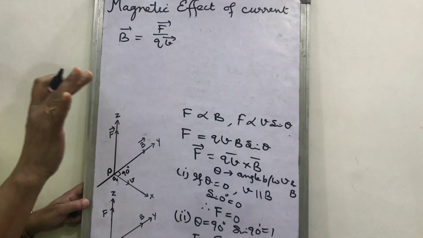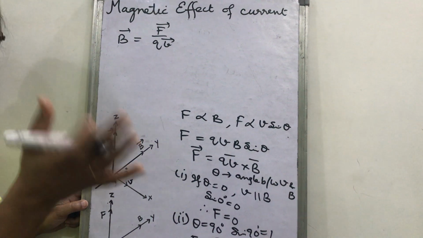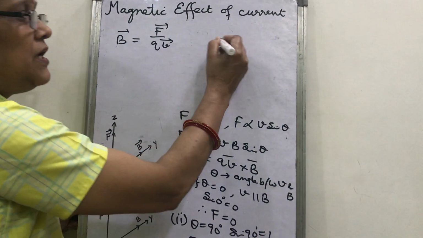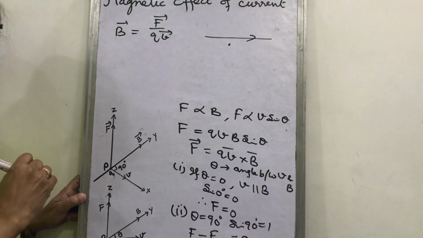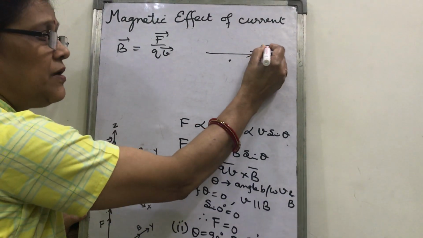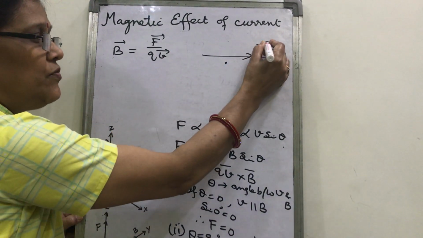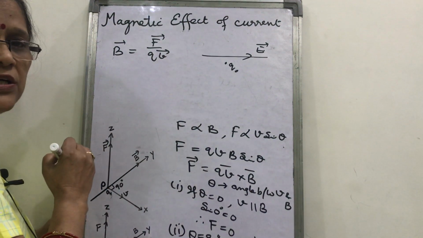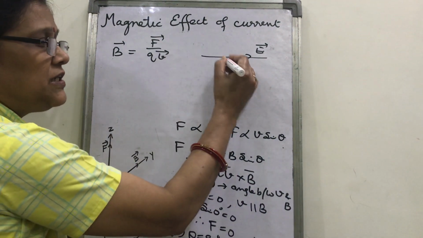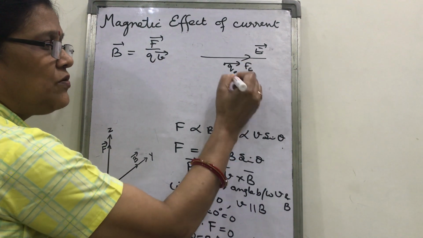Suppose you want to determine the electric field at any point. You have read earlier in electrostatics that in a uniform electric field, if there is a point P where we want to determine the electric field, then if we place a test charge here, this test charge experiences a force in the direction of the field.